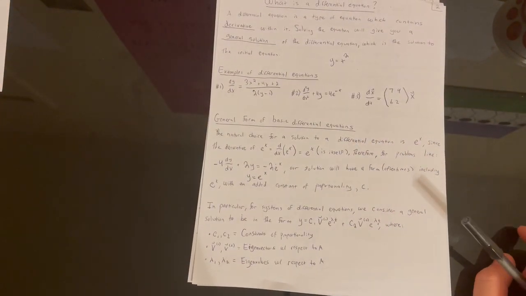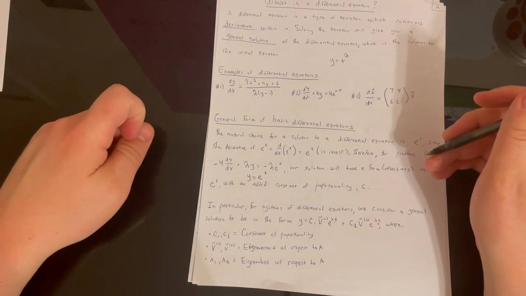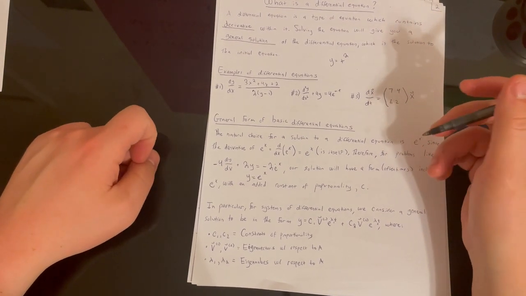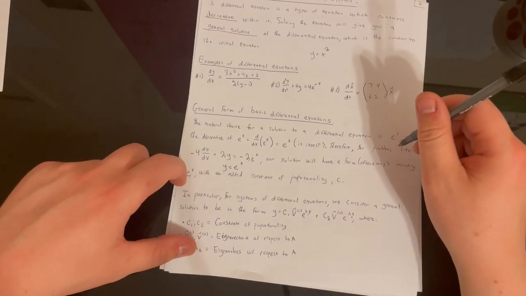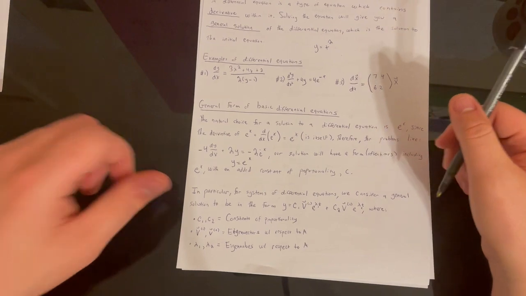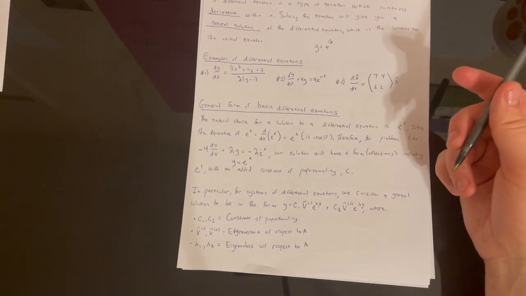So as far as general forms of basic differential equations, it's very effective to think about what exactly would make a good solution. So if we think about the equation e to the x, this is a natural choice for many differential equations because the derivative of e to the x is itself.